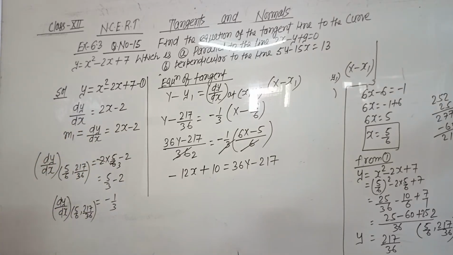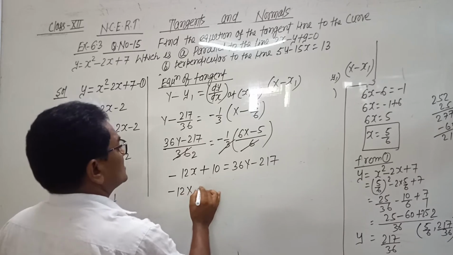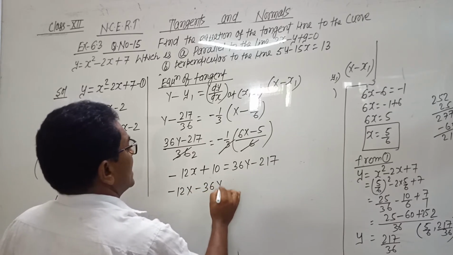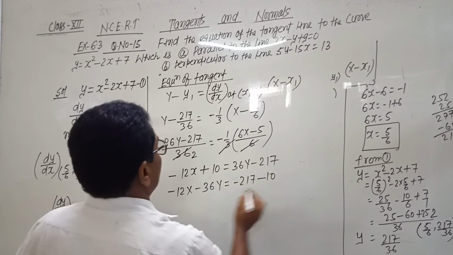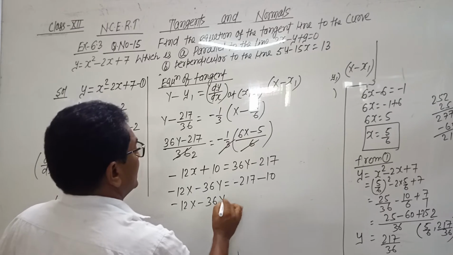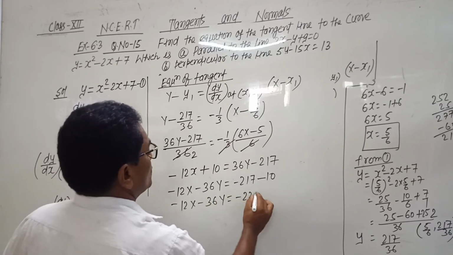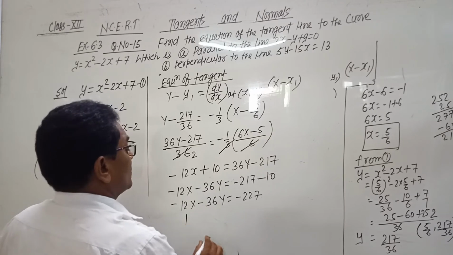So minus 12x minus 36y equals minus 270 minus 10, so minus 12x minus 36y equals minus 227. Minus gets cancelled from both the terms.